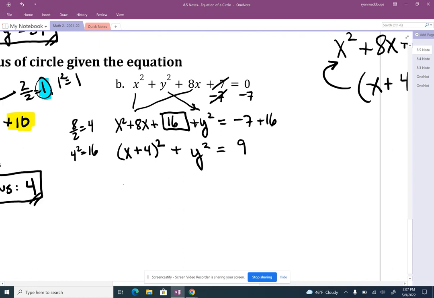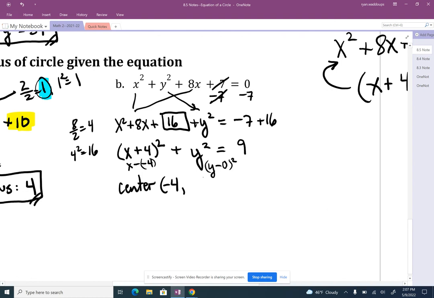And so our center, I say x minus h, but x plus 4 is not subtraction. So I can rewrite it as x minus negative 4. And so my center is at negative 4. And then y doesn't have anything with it. So y minus what squared is equal to y squared?